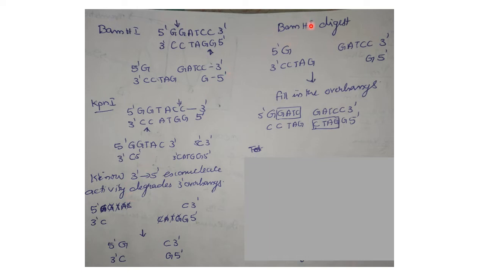Again you digest the DNA with BamHI. Fill in the overhang with Klenow DNA polymerase and dNTPs. This is the region where you have to fill, and Klenow along with dNTPs will fill the overhangs. Then you have to ligate it to the EcoRV digested plasmid. Finished, your cloning is done. So the answer is option C.